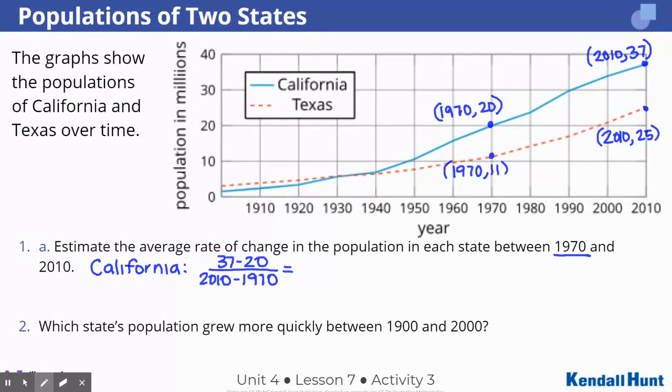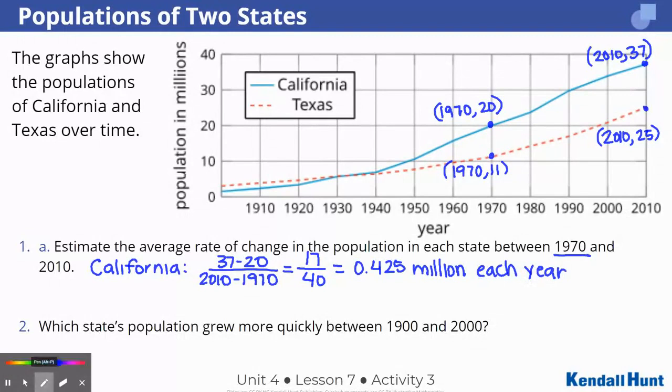And 37 minus 20 is going to give us 17. And 2010 minus 1970 is 40. So that tells us that it increased 17 million people over 40 years, or 0.425 million each year.